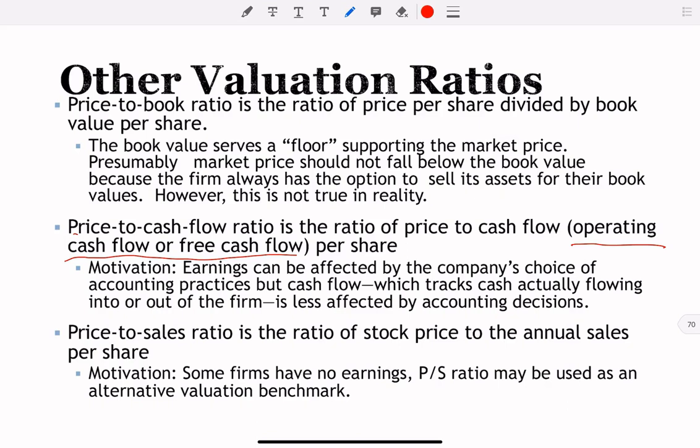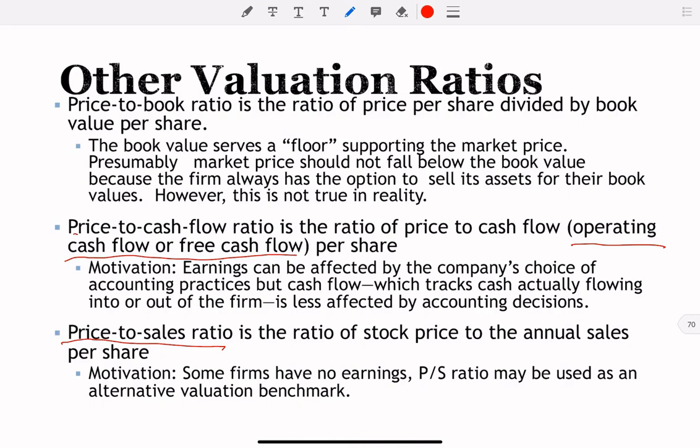Now, PS ratio, price to sales ratio, right? It's the ratio of stock price to the annual sales. Why do we use this? Well, it's because a lot of firms don't have earnings, right? If you're calculating PE ratio, the premise of doing that is you have to have earnings, right? When a firm does not have earnings, we could just use its sales.